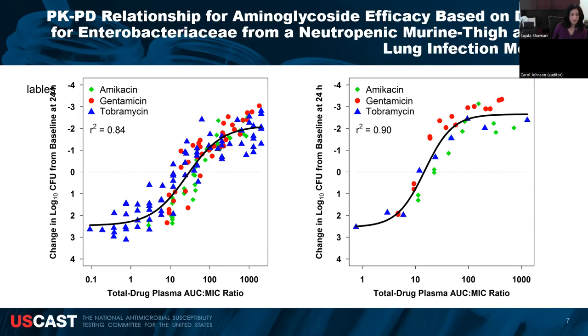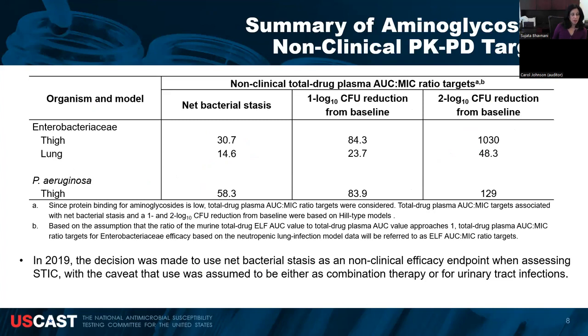Now, taking these functions, and another one for Pseudomonas that I did not show you in the thigh model, we asked what the AUC to MIC ratio targets associated with stasis, 1 log and 2 log are. You can see what they looked like for Enterobacteriaceae. For the thigh, it was 30, a little bit lower for the lung, close to 15 for stasis.